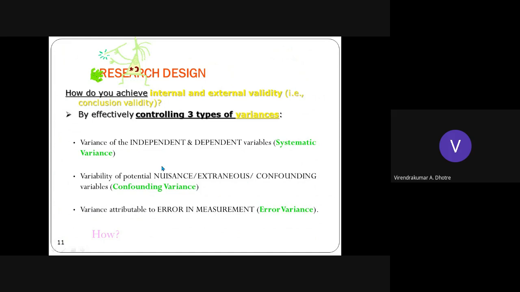Then we can have confounding variance, confounding differences. We can also calculate variance by using a formula: root of mean square is variance, and mean is nothing but the average.